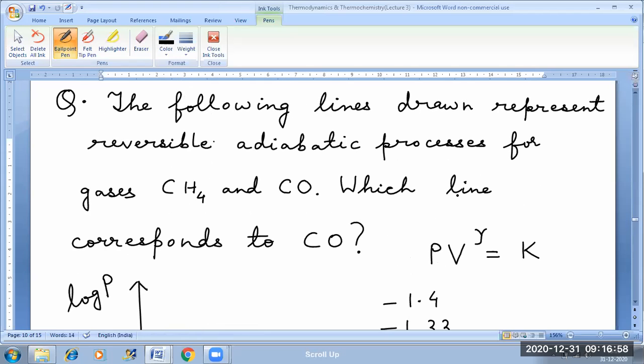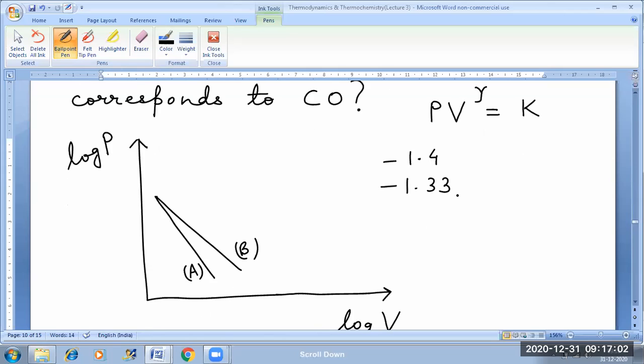It is mentioned that the process is reversible adiabatic. For a reversible adiabatic process, we know that P V to the power of gamma is equal to constant. Now the graph is plotted between log P and log V. Whatever is on the y-axis will be called y.